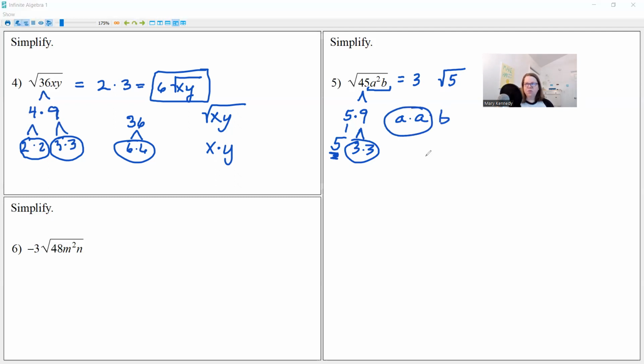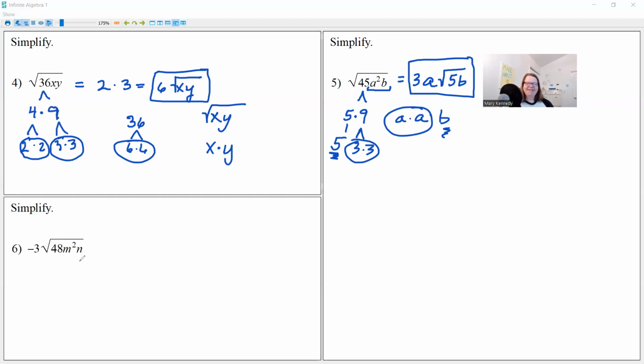Well, there's a pair. So I have a pair of a's, which means I have a squared, and the square root of that is just a. And then I have this leftover b. And so my answer is 3a times the square root of 5b. That's the simplified version of the square root of 45a squared b.